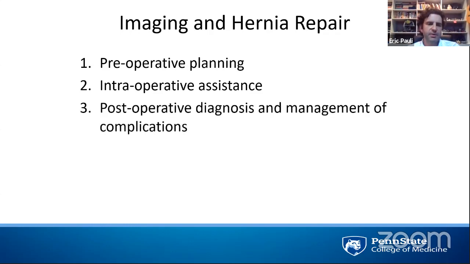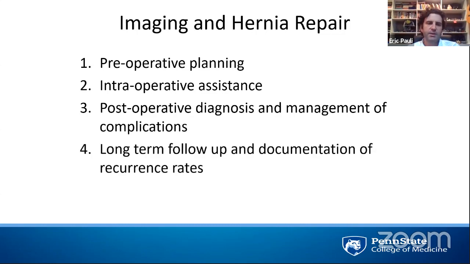We're not going to talk about postoperative diagnosis and complication management, but obviously imaging plays a huge role in these things, as well as long-term follow-up and documentation of recurrences. Again, a lot of hernias are small and subclinical. When we start talking about posterior operations that involve sublay repairs, we know that many breakdowns of the posterior sheath may not be palpable on physical examination.